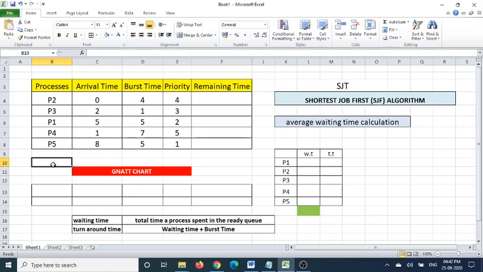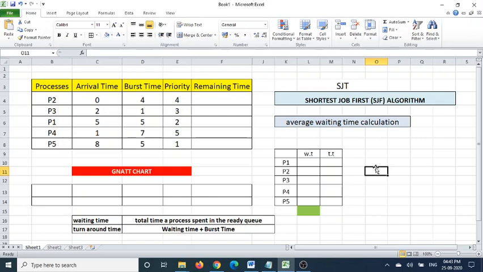Okay, so let us start this algorithm, shortest job first algorithm. Basically this is non-preemptive. Non-preemptive means once a process gets the processor, it will not leave the processor till it finishes.